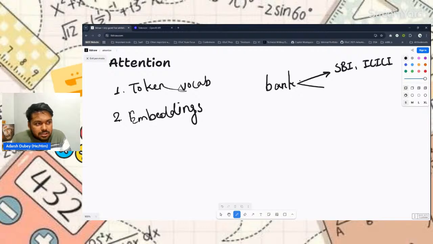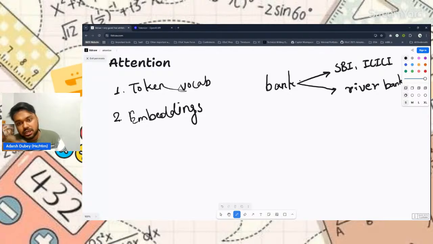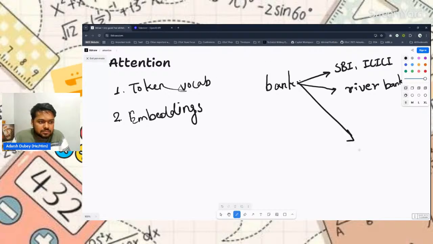Now in some other sentence, it might also mean river bank, which has nothing to do with a financial bank. It is the exact same word, but it means river bank now. And in some third context, it can also mean the road bank.